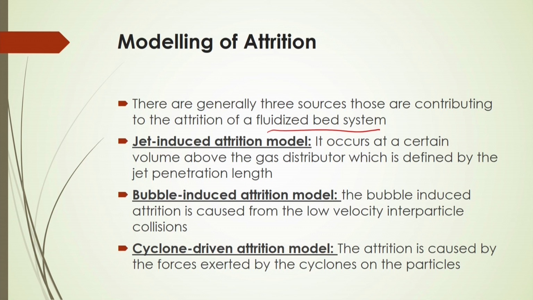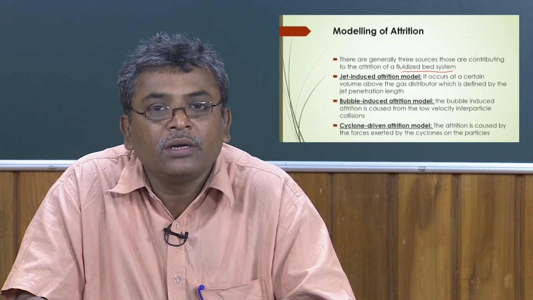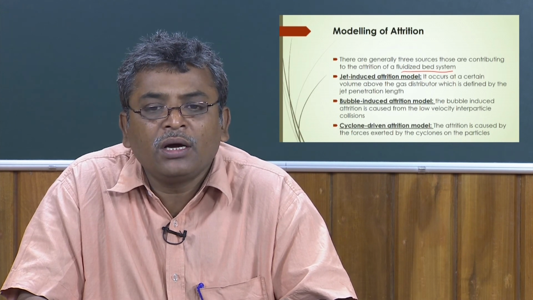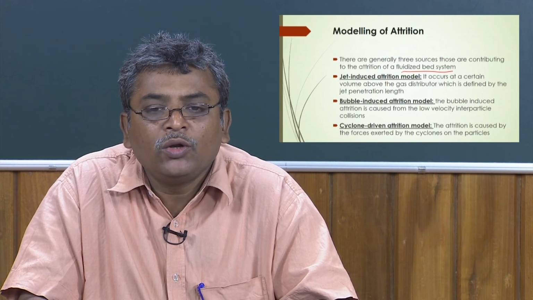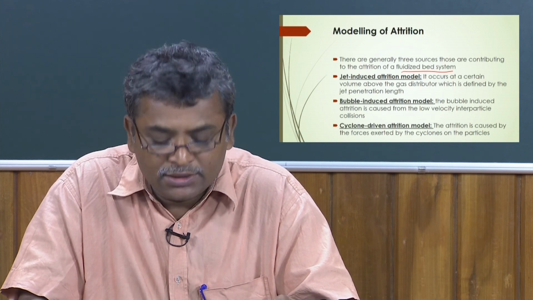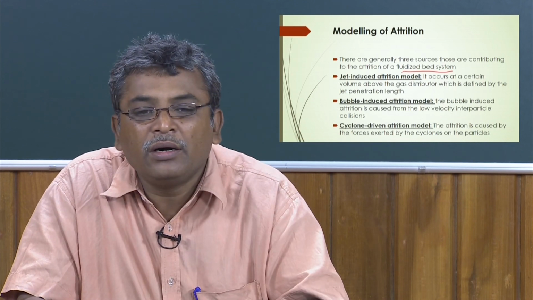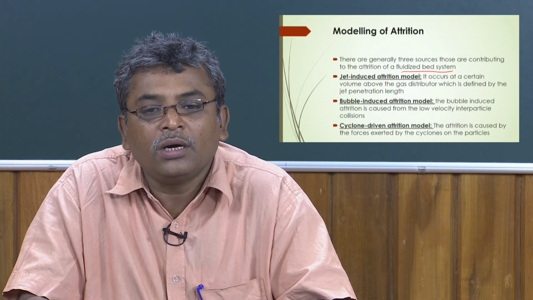The jet-induced attrition model occurs generally at a certain volume above the gas distributor, which is defined by the jet penetration length. The bubble-induced attrition model is generally caused by low velocity interparticle collisions. And the cyclone-driven attrition model is generally expressed by the forces exerted by the cyclone on the particles.